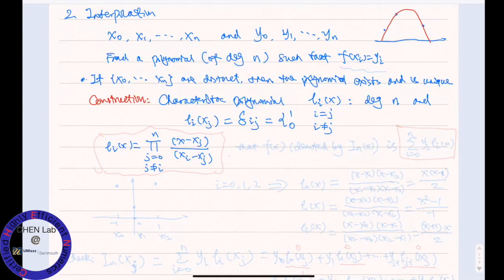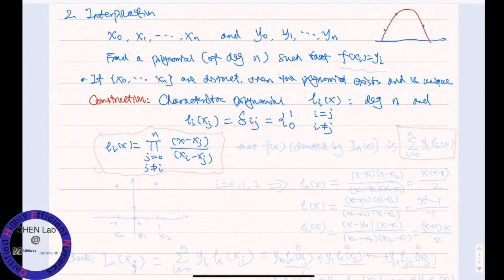What does this mean? If you look at a particular example, I hope it will be very clear. If you do this and plug in xj, you're going to get 0. If you plug in xi, you're going to get 1 for fixed i.